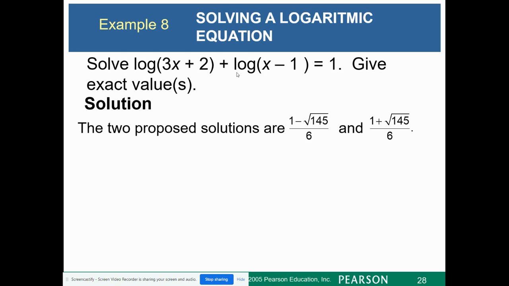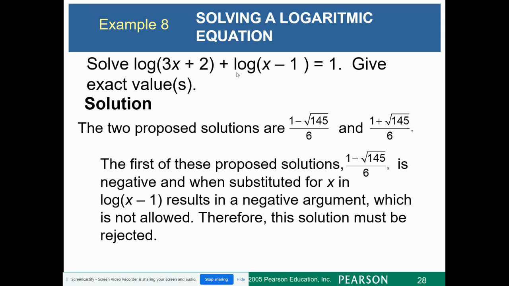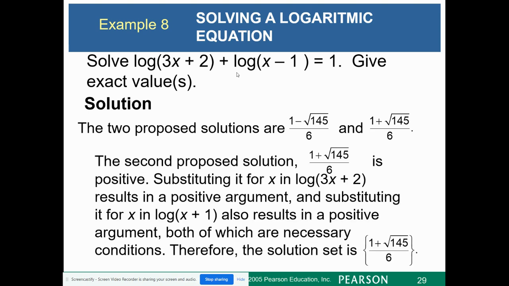Does 1 plus the square root of 145 over 6 give us the log of a positive value when we plug it into both logs or not? It turns out 1 minus the square root of 145 over 6 gives us a negative value, so we cannot use the first solution. So the solution is 1 plus square root of 145 over 6.